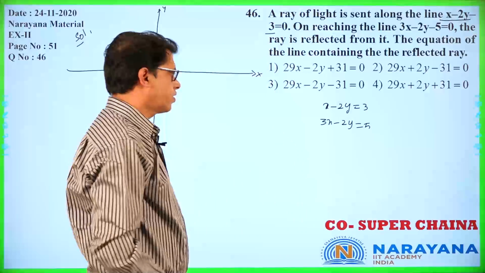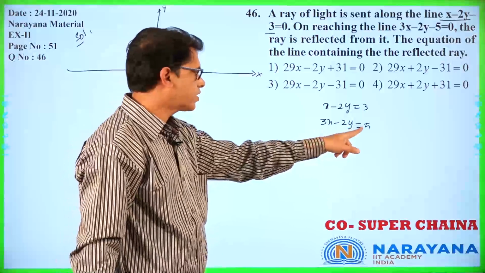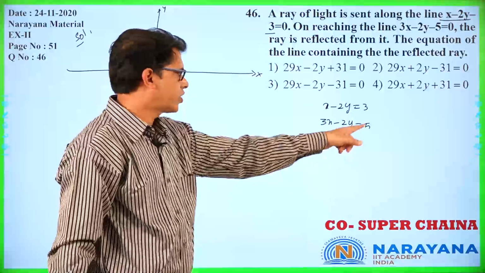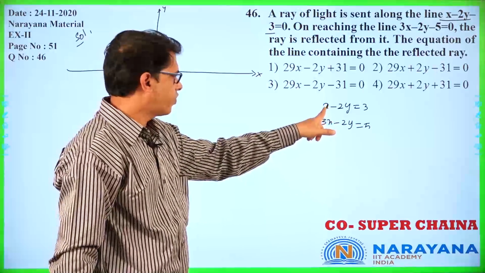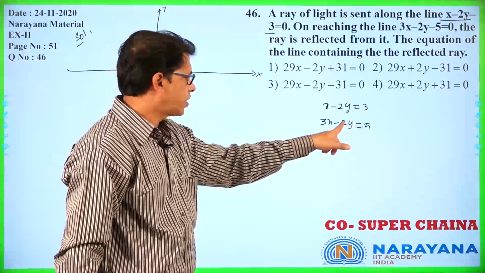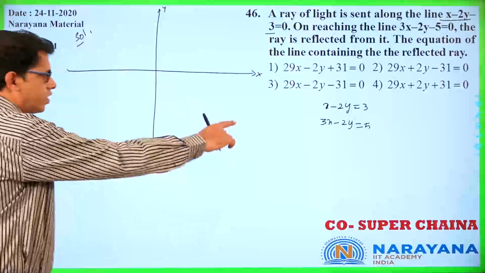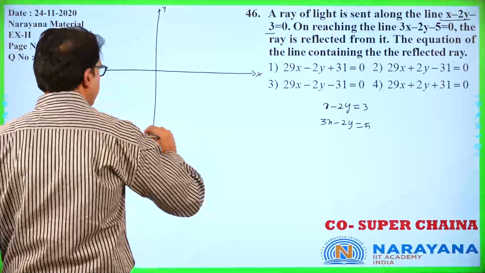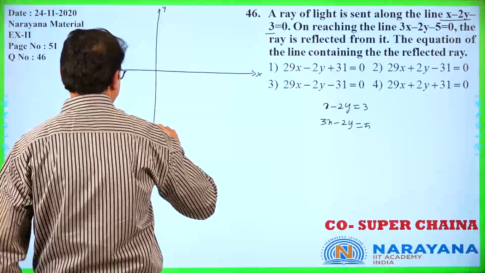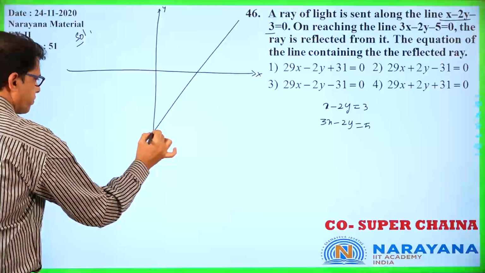You observe the line. Here x intercept is positive, y intercept is negative. The x intercept is 5 by 2, the y intercept is minus 5 by 2. So the line will be like this. This is a line.